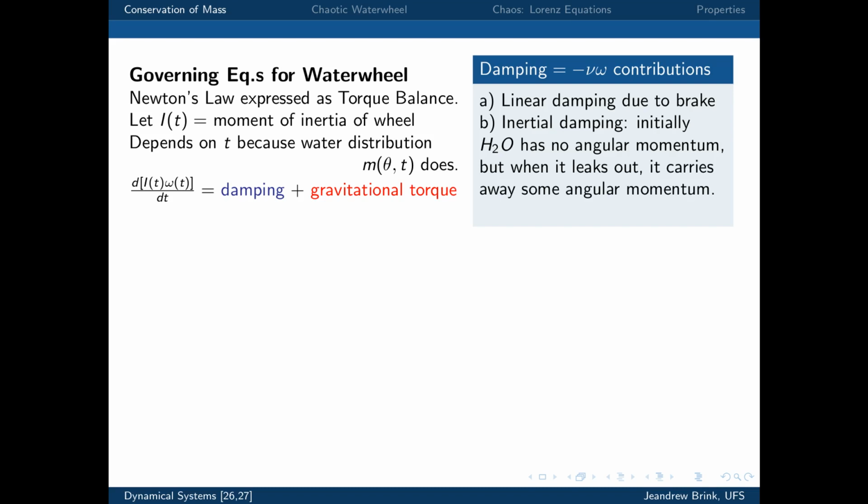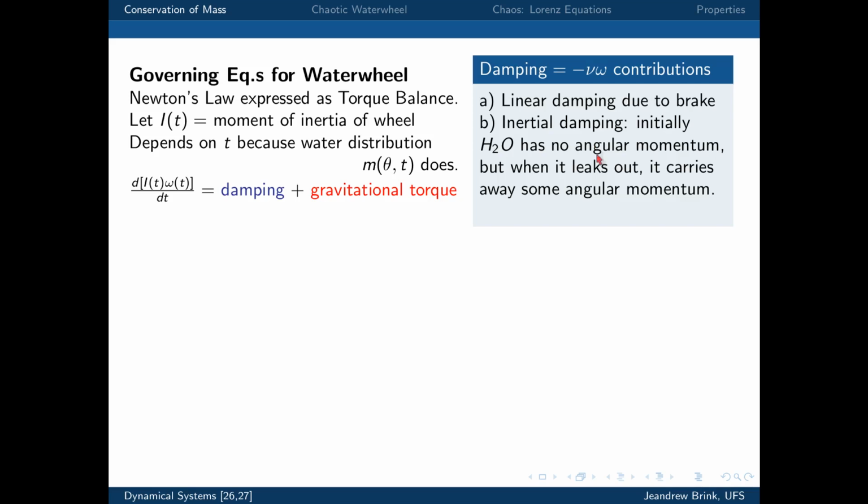So this jumping on with no angular momentum and then leaking out with some angular momentum results in the actual thing rotating slower. And so even if the pivot was frictionless, the thing would still slow down simply because the water is leaking out.